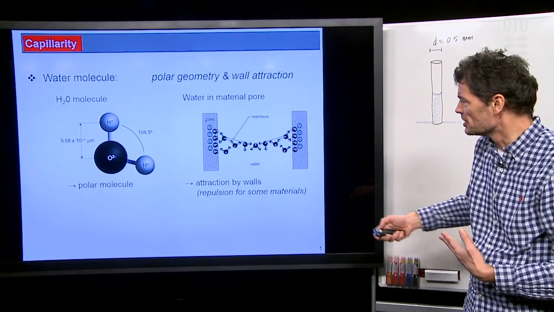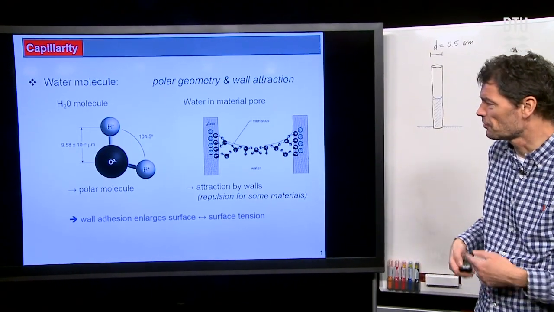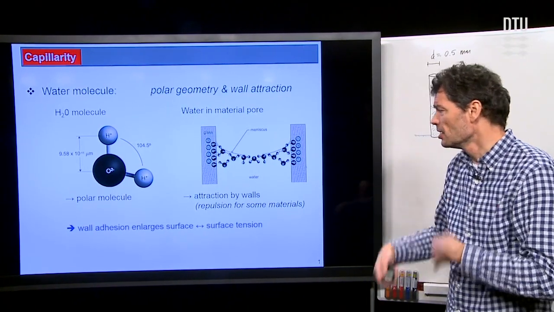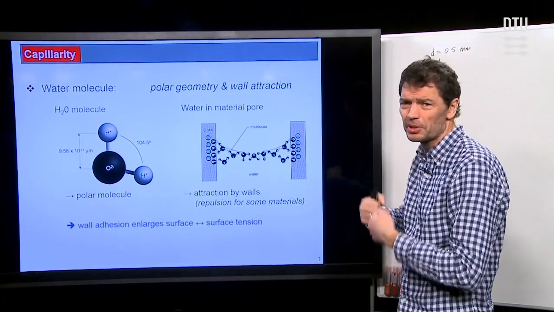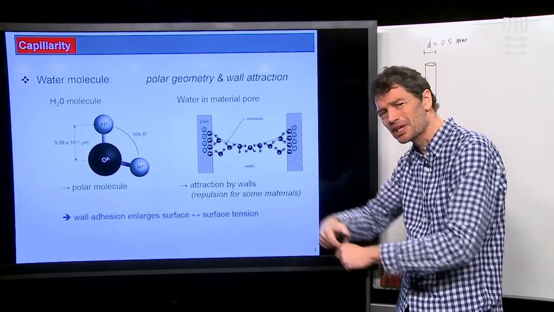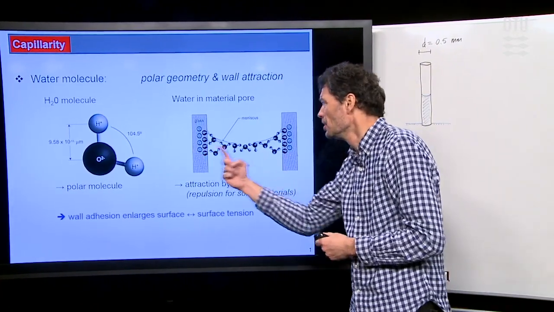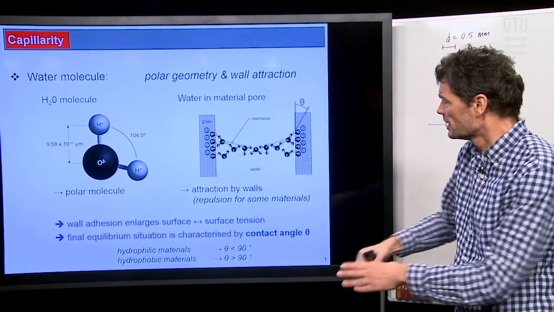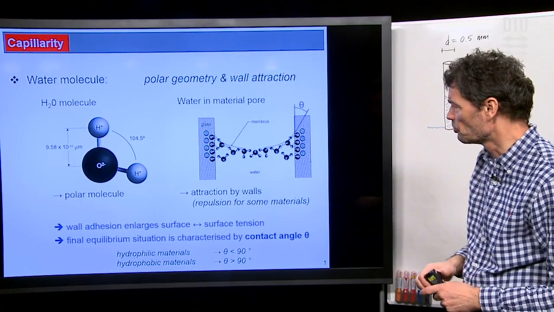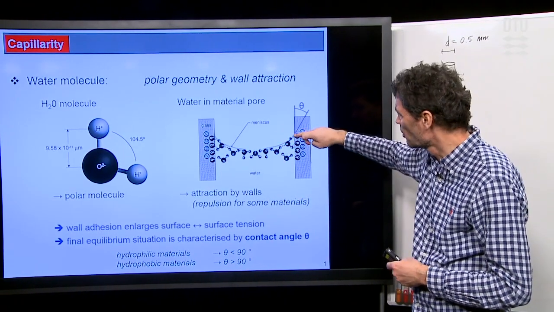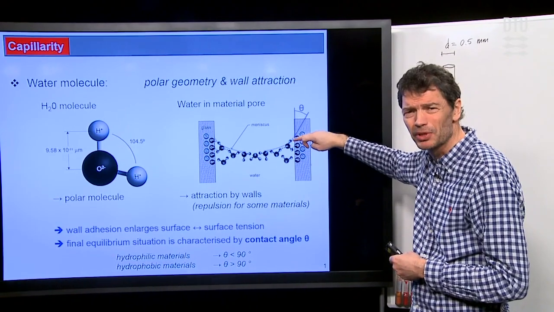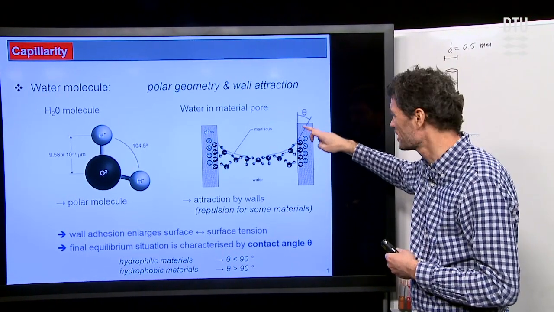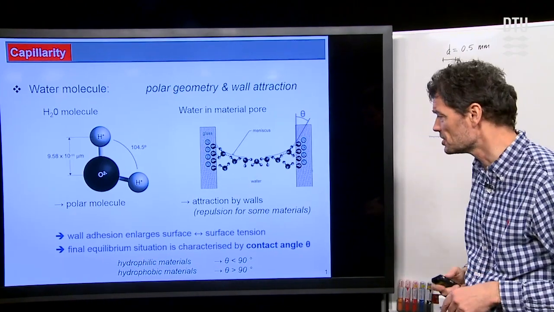It acts like a tension force along the perimeter of the pore, and the water surface meets the glass at a certain contact angle, theta, as we can see here.